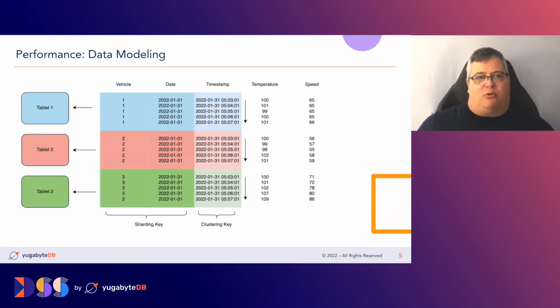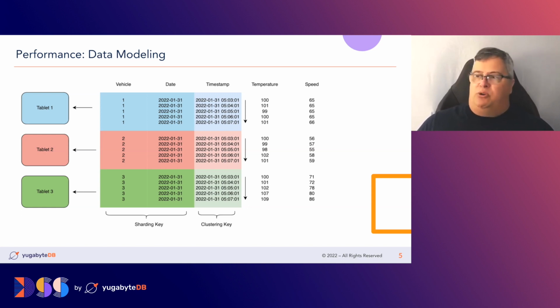As a refresher, Yugabyte splits everything into tablets for each table, or quote unquote shards. And for every key, whether it be a primary or secondary key, we have two components. Typically there will be a sharding key or a hashing key that tells you which tablet I am going to place certain data in. And then I will have, quote unquote, a clustering key.